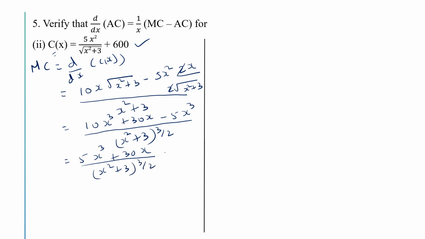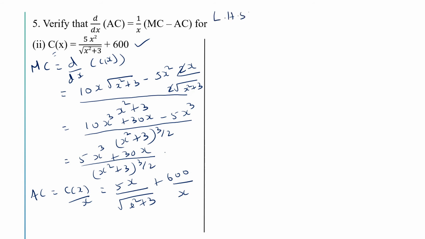Then average cost is equal to total cost divided by x. So it is equal to 5x divided by root of x square plus 3, plus 600 divided by x. Now let us take the left hand side. The left hand side is d by dx of average cost. So we have to differentiate this.